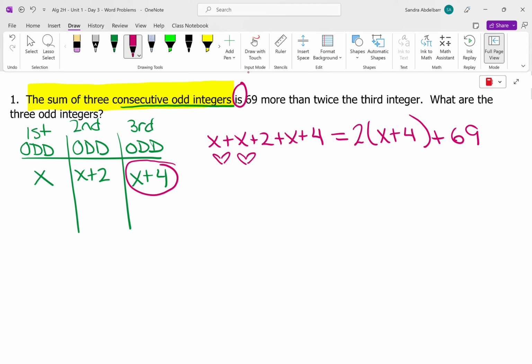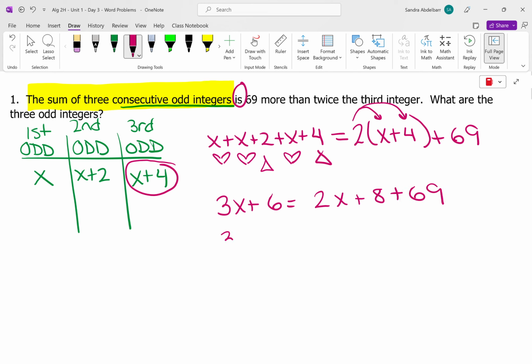All right, now we combine our like terms. x plus x gives us 3x. 2 plus 4 gives us 6. On the other side, I am distributing. So we are 2x plus 8 plus 69. So now we are 3x plus 6 equals 2x, and then we have 8 plus 69 is going to be 77.